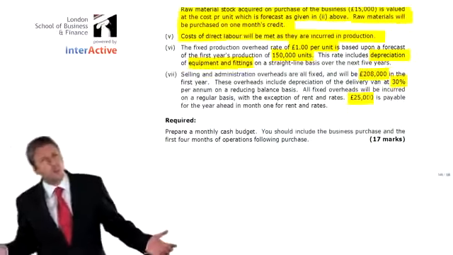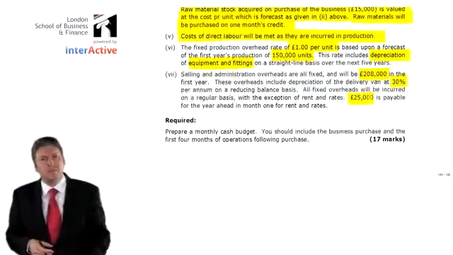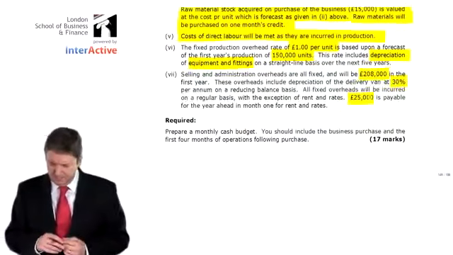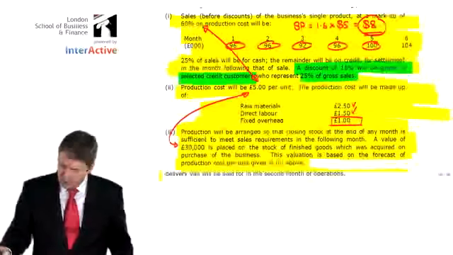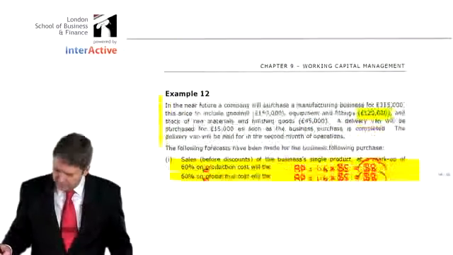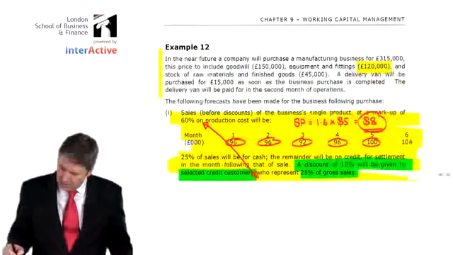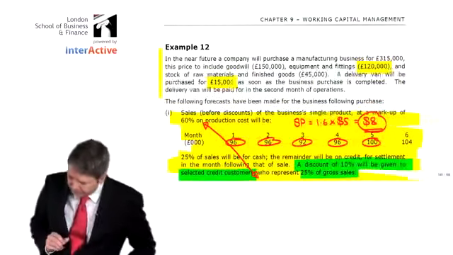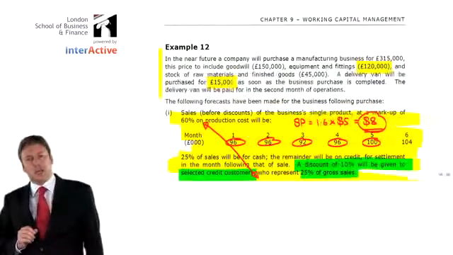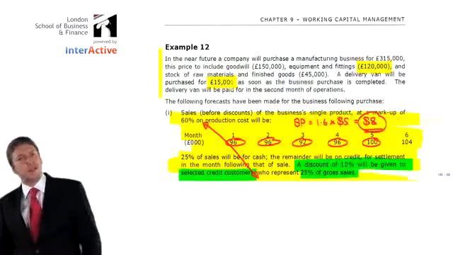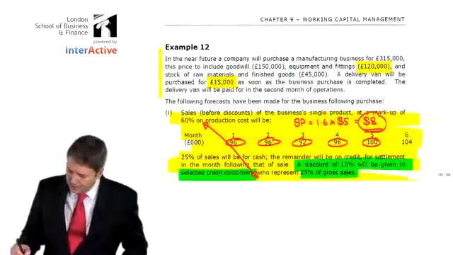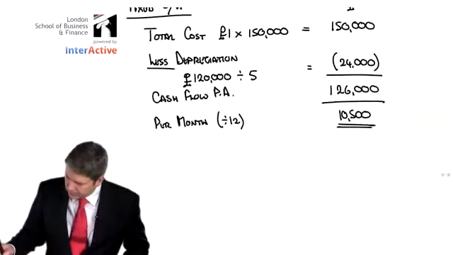Oh, it's the same sort of nonsense. We've just got to be careful of rent and rates as well. Delivery van. Well, if we go to the top of the question, we find a delivery van somewhere. We've got a delivery van purchased for 15,000. Okay, well, given that it's purchased this year, the fact that it's reducing balance basis is not going to be a problem. Let's just mess around and sort these numbers out.